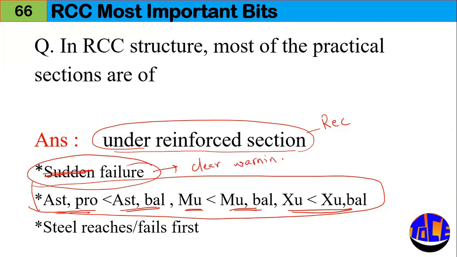That's the reason under reinforced sections are recommended. Here the steel reaches its limit first and fails first. So try to remember these points, which will help you in the exam.